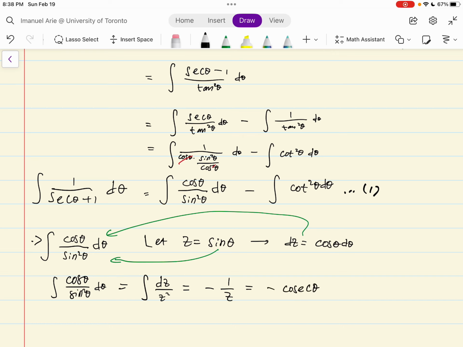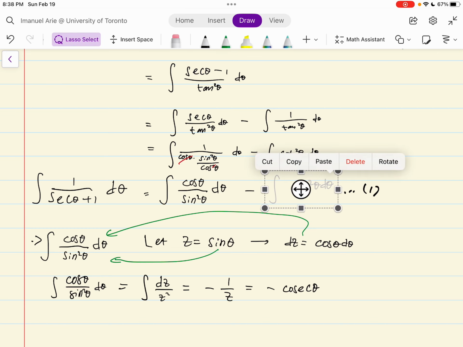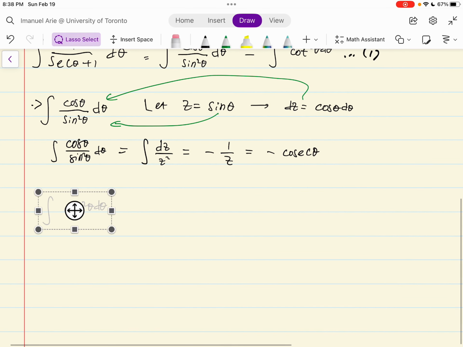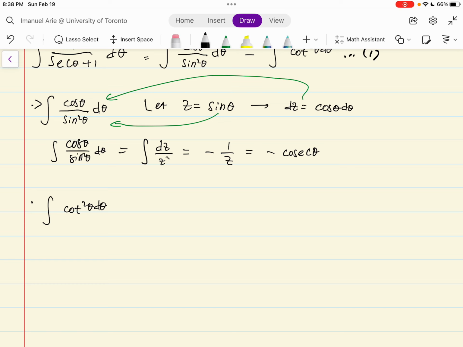Perfect. So now let's do this integral here. Recall that cotangent squared theta is equal to cosine squared theta divided by sine squared theta.